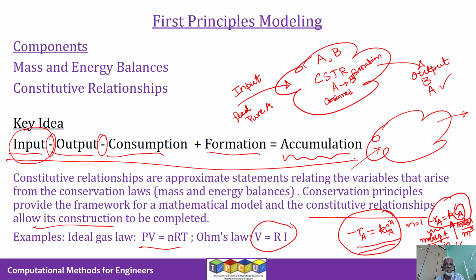There is nothing accumulated in the system if the system is at steady state. And therefore, we would just say input is equal to output if there is no consumption or formation, or we would say input plus formation is equal to output plus consumption, because at steady state, accumulation is equal to 0. We will touch upon all these ideas in due course of time.